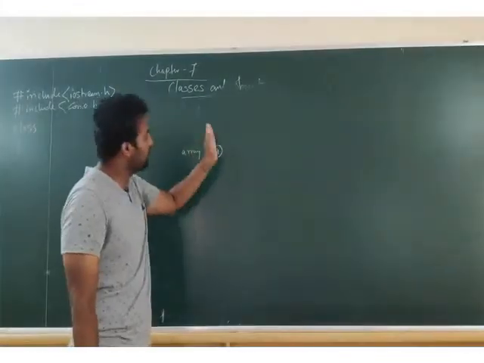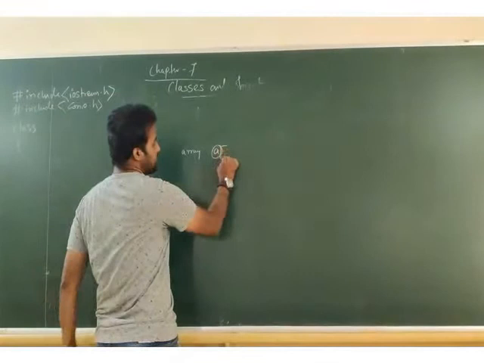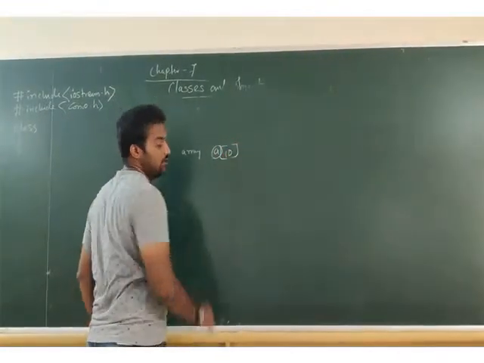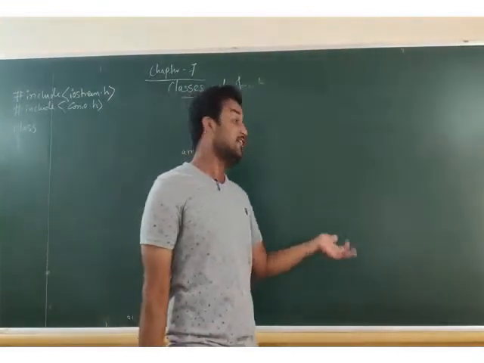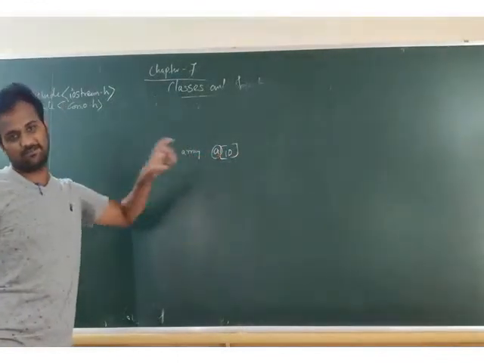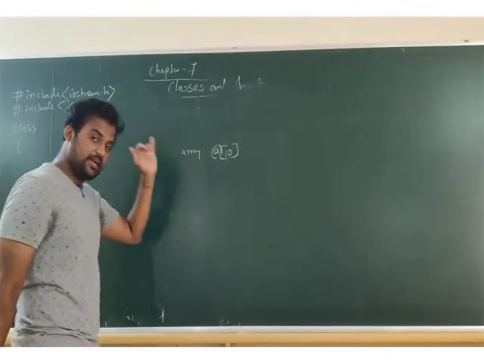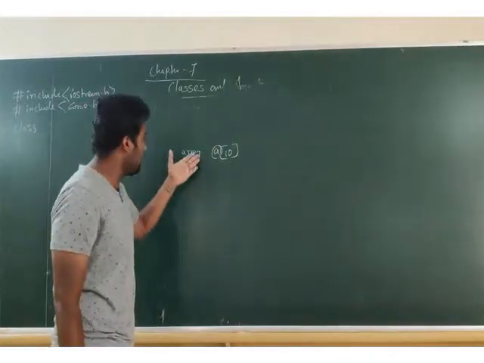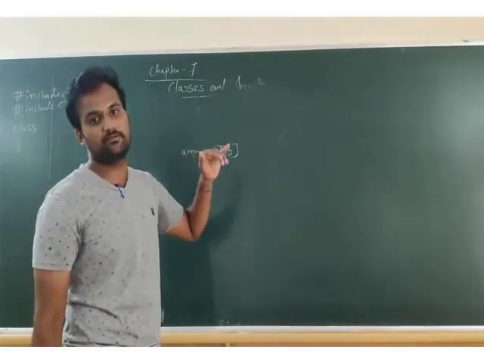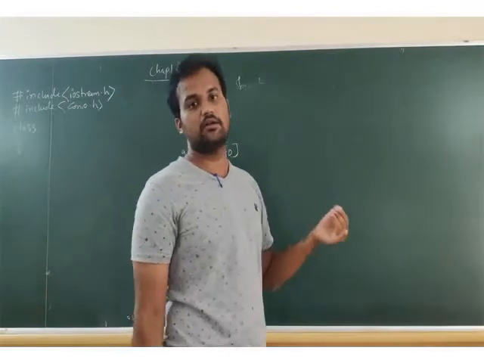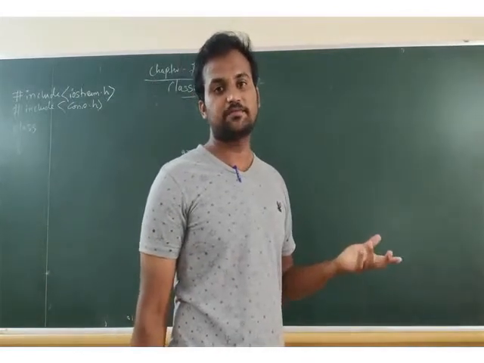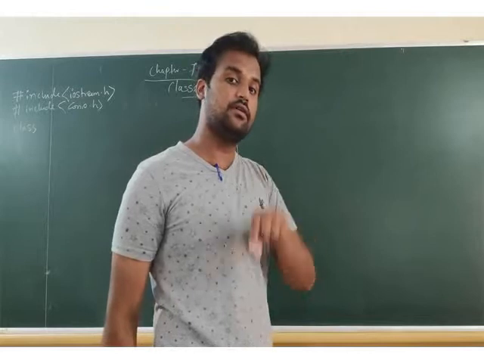For this object we have to give a size, that is 10, 20, 30. That is known as array of objects. Earlier we were writing the array inside the class. Now we are writing the array directly for the object. That's why here array is an object of the class.